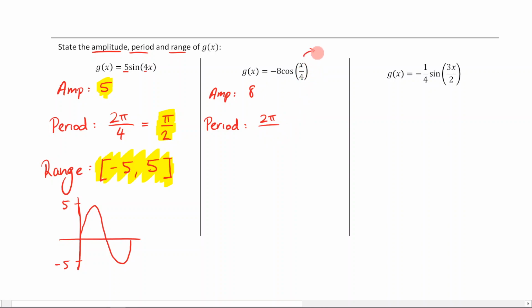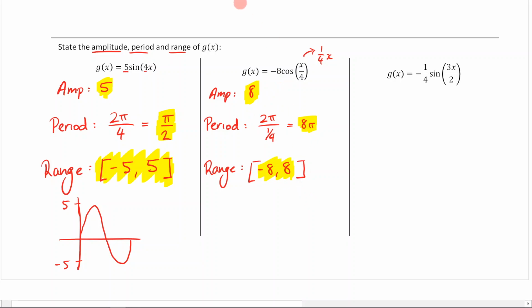This is 1 over 4 x. So I'm going to put 1 over 4 here, and that's going to be 8 pi. And then next we have our range. Our range is easy. We're going down to -8, we're going up to 8. That's what our answer is going to be. I want to stress again that our amplitude is not negative, even when we've got a negative there.